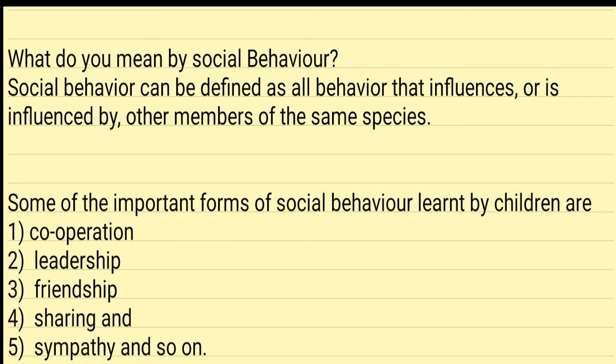That is, these are all the behaviors that influence you as a person and are influenced by other persons. So these are the influences you get from other persons and the influence that you put upon other persons. This is the definition of social behavior.